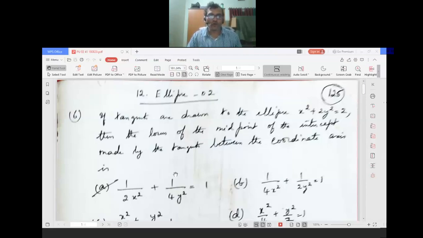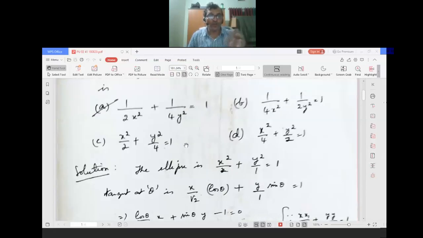So if tangents are drawn to the ellipse x squared plus 2y squared equals 2, then the locus of the midpoint of the intercept made by the tangents between the coordinate axes is: first option, 1 by 2 x squared plus 1 by 4 y squared equals 1.